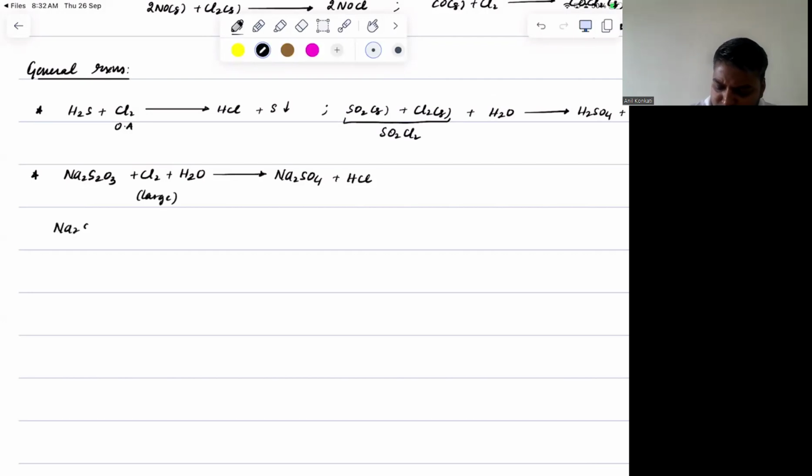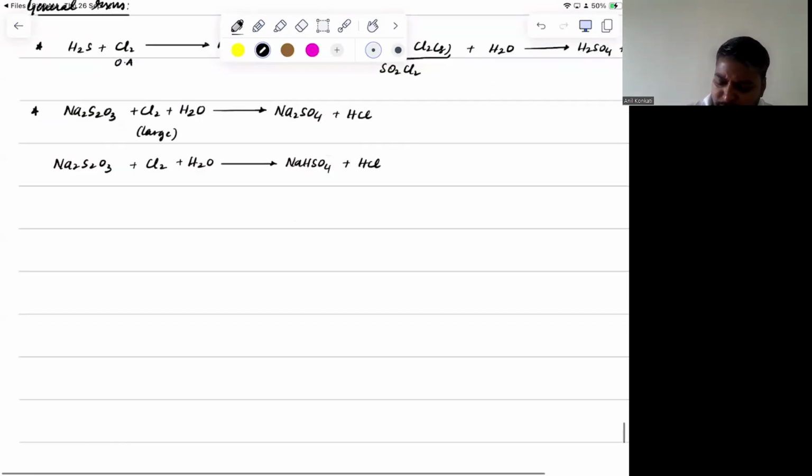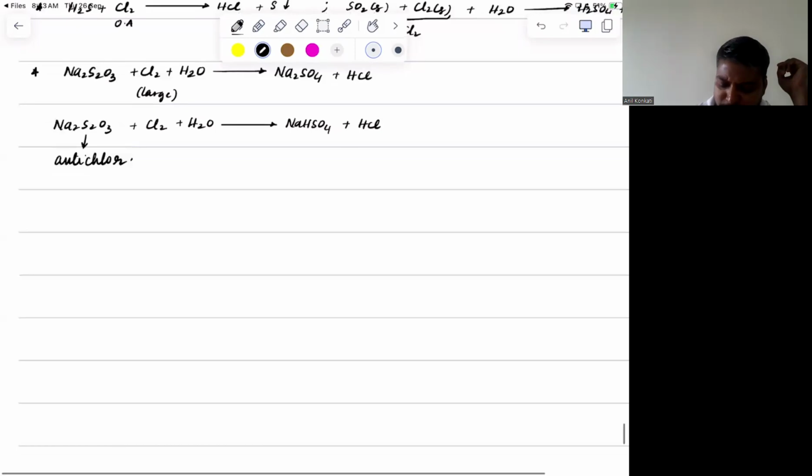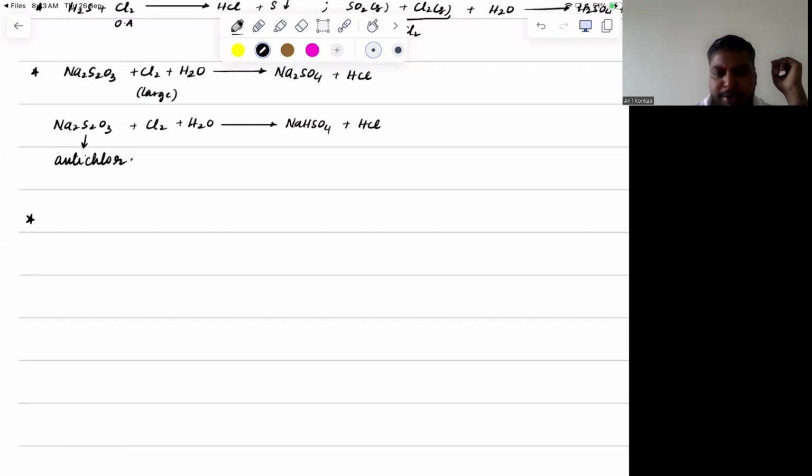If you have Na2S2O3 plus Cl2 plus H2O, then it would probably give Na2SO4 and HCl. Here, this is used as an anti-chlor. So that means when you have a small percentage of chlorine, you can remove that. And in that case, it will become NaHSO4. Okay, depending upon the reaction, accordingly you make it.